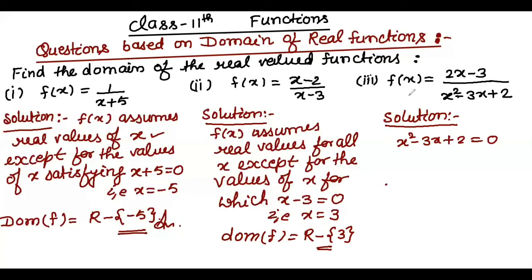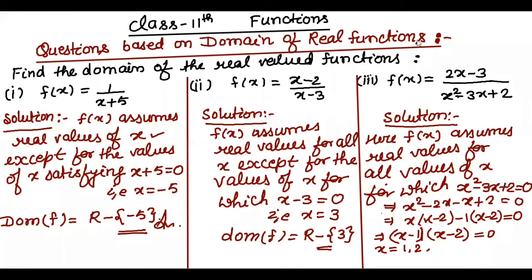So the same value we will write. So here f(x) assumes real values for all values of x except those for which x² - 3x + 2 = 0. So here we are finding points where this function will not be a real number.